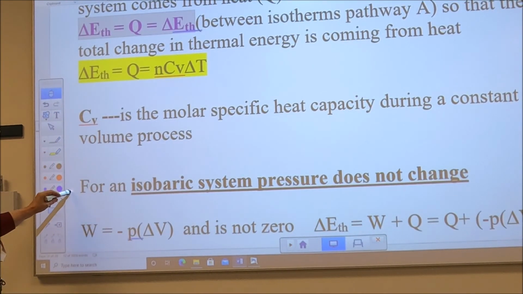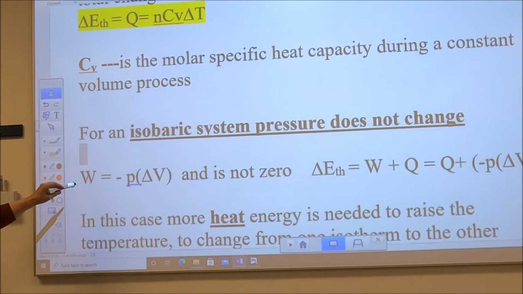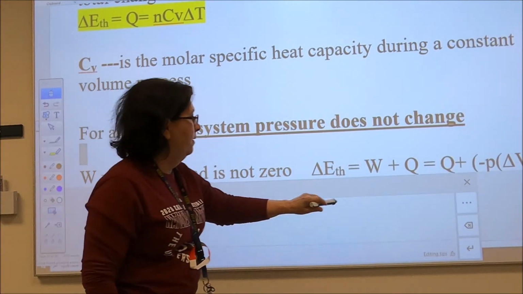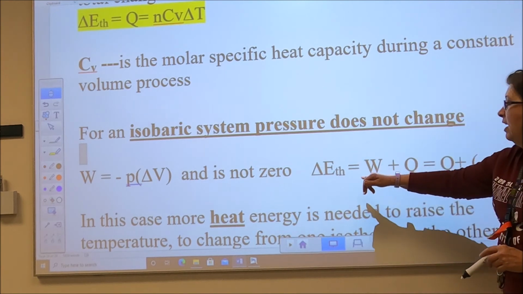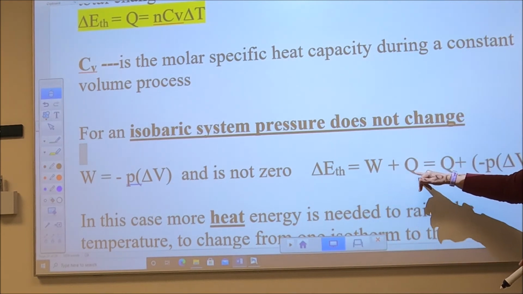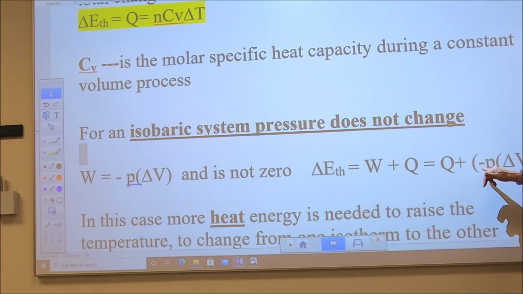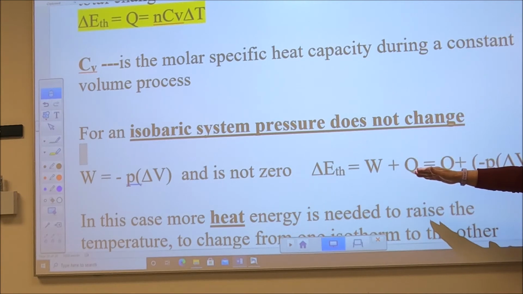For an isobaric process, work is equal to minus P delta V and is not 0. So the change in thermal energy is equal to work plus Q, or is equal to Q plus a minus P delta V. So in this case, the amount of heat energy to cause the same change in thermal energy is going to be different.